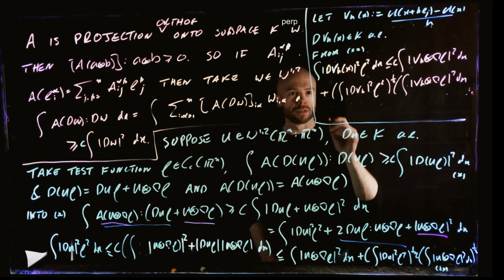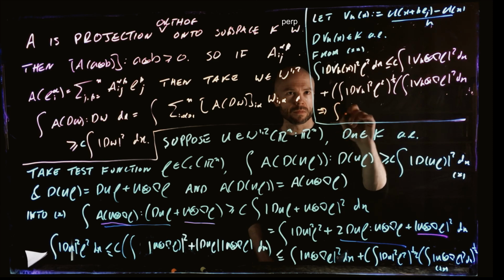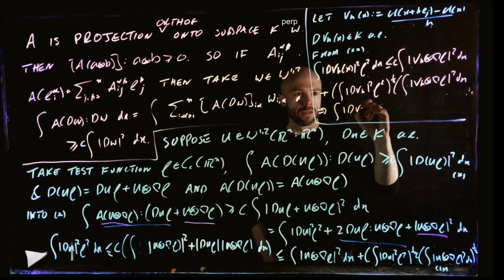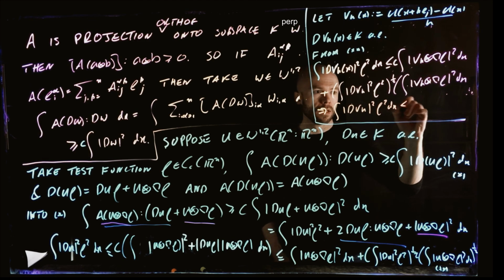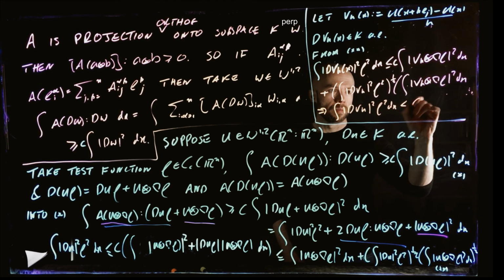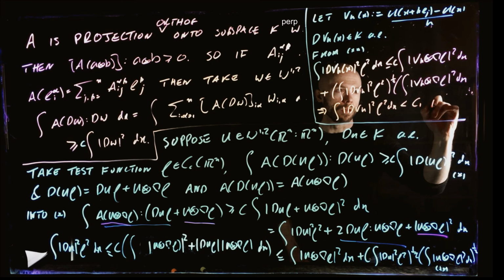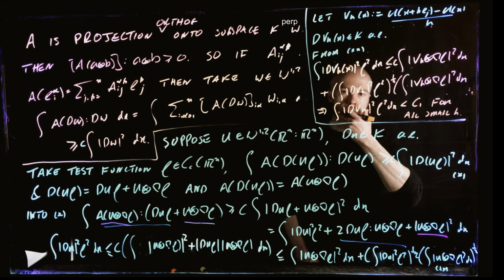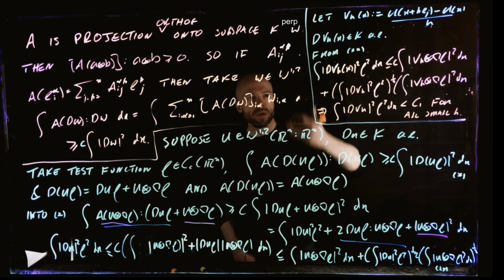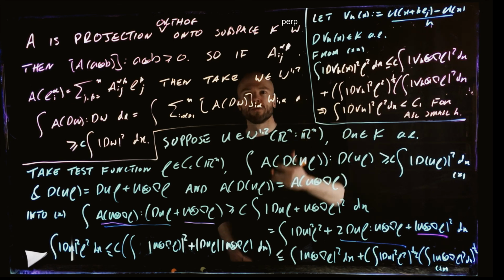So this implies that the integral of |dv_h|^2 rho^2 dx is less than some particular constant, say c1, for all small h, i.e. we now have the ability to get another derivative out of our function u, right?